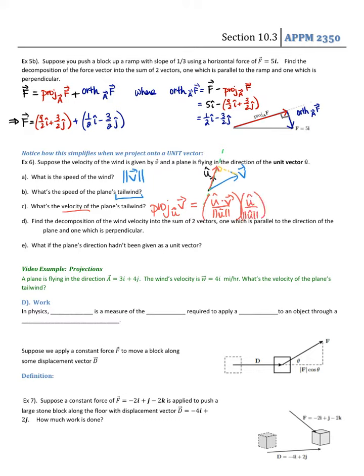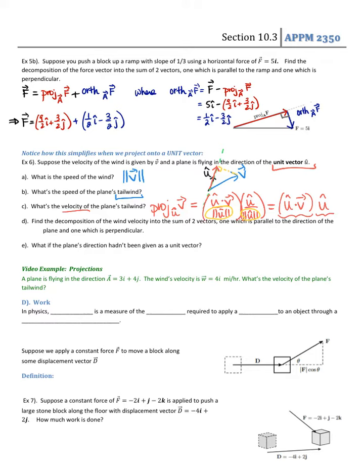But notice this is going to simplify because we said u is a unit vector, and that means that both of these magnitudes are just going to be 1. So this whole thing is just going to simplify to be the dot product of u and the wind's velocity. And then that'll be the magnitude piece, and then this is going to be the direction.